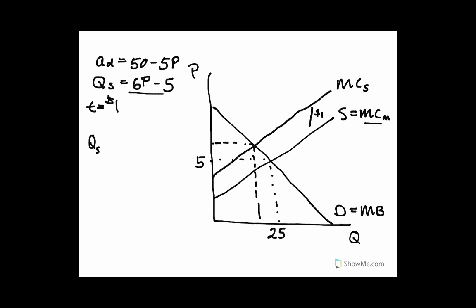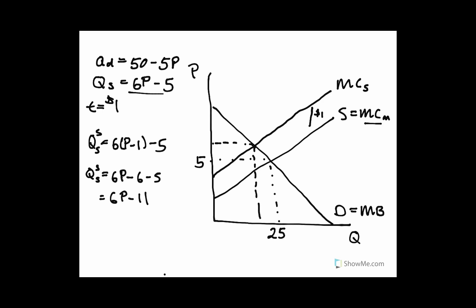I'll do quantity supplied, and I'll put a little s up here for social. And remember, we can shift that curve up by 1 by using this little trick of subtracting 1 from p. And I explain why that is in another video. But that gets us that the social supply is equal to 6p minus 6 minus 5, which is 6p minus 11.